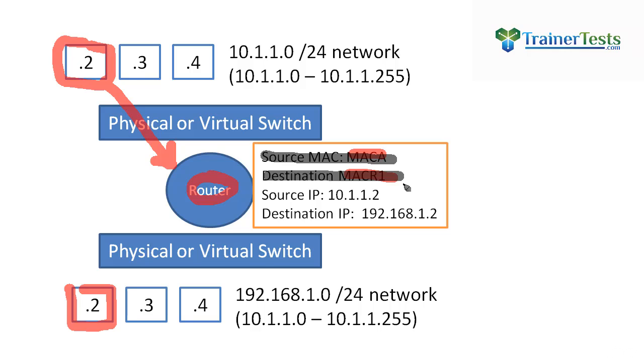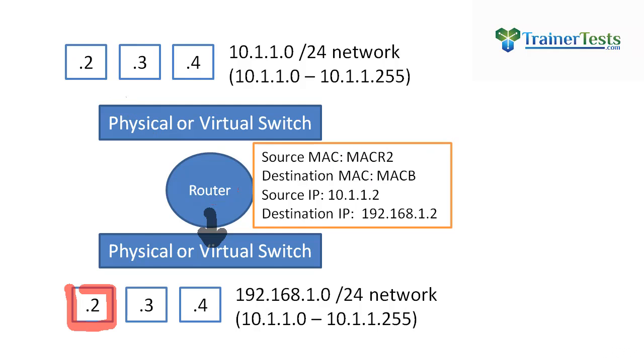It's bound for some other device on that 192.168.1.2 network. So then it'll analyze its routing table and it'll determine I've got an interface connected to that network. So what does this packet look like as it leaves the router and heads towards that destination machine?